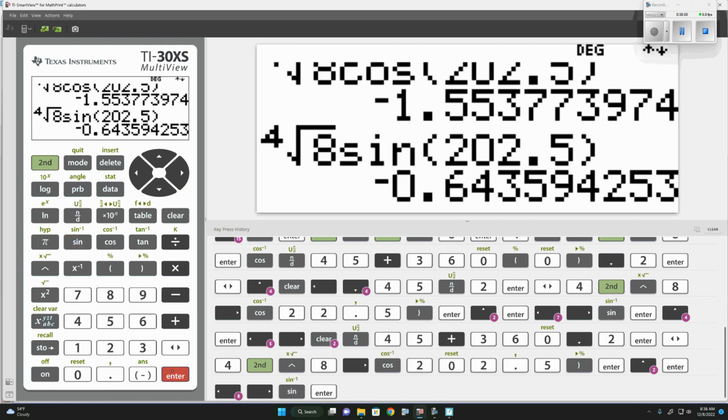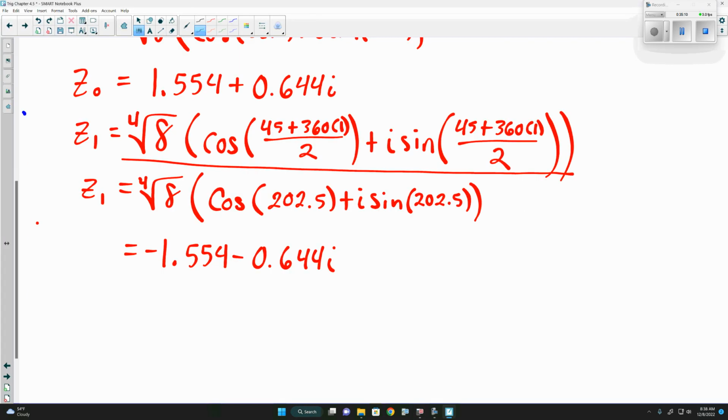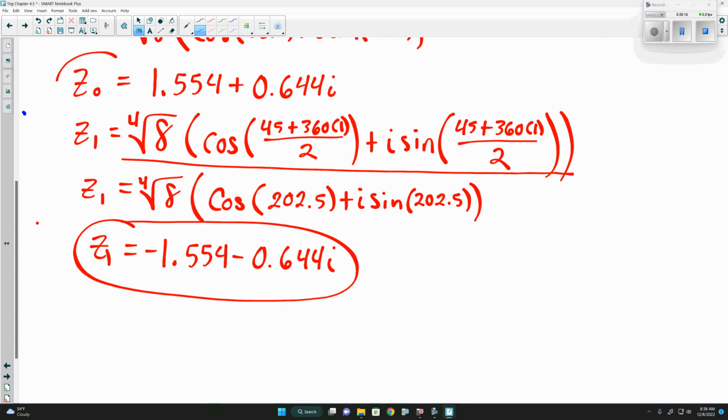Negative 0.644, and we get this here. So there's our two answers. Questions on this here?